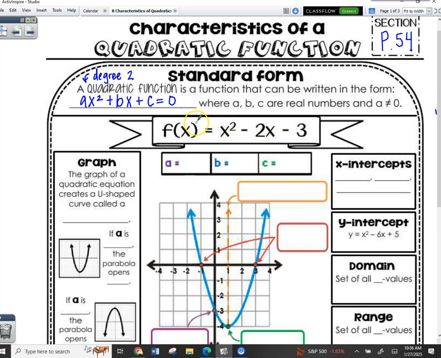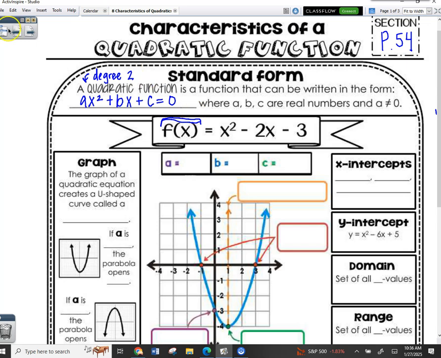This is a quadratic: f of x equals x squared minus 2x minus 3. Now, this f of x, it's been since Unit 1 that you've seen this. The phrase f of x means the name of the function is f, your input variable is x, and your output variable is f of x.